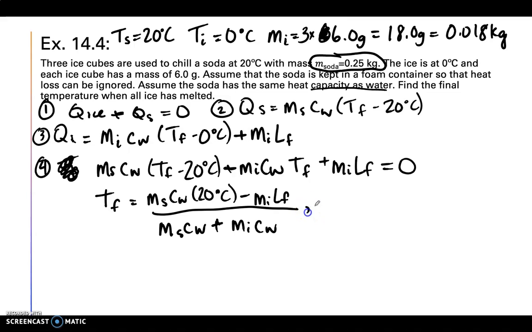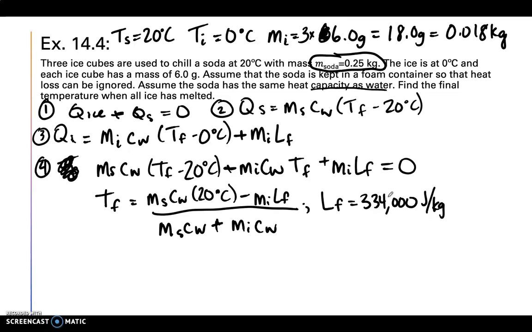Let me go ahead and note that L_F is 334,000 joules per kilogram. Okay. And this is from the table in your textbook.